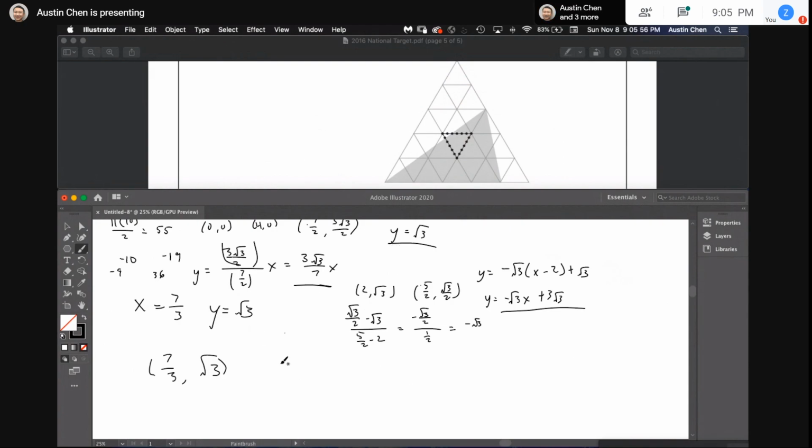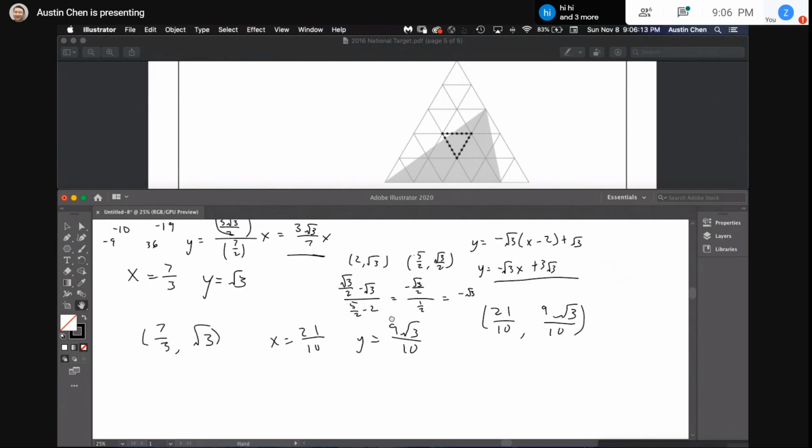Okay, then we get x equals 21/10 and y equals negative root 3 over 10. So that point right there is going to be (21/10, negative root 3 over 10), right?